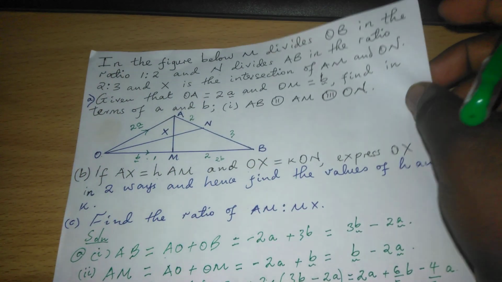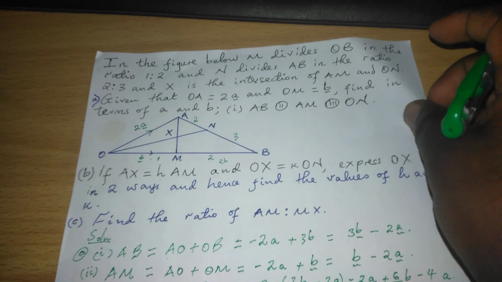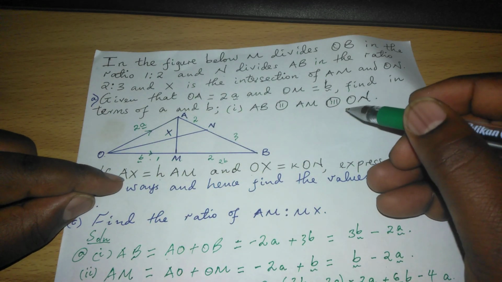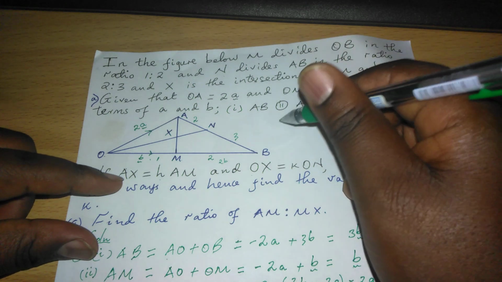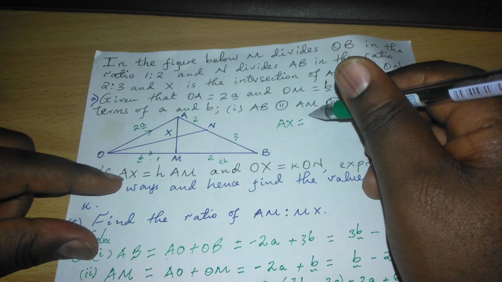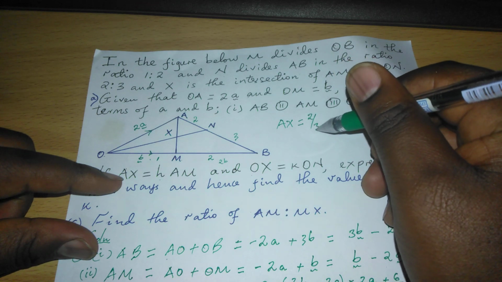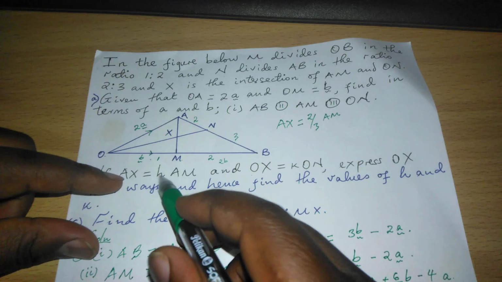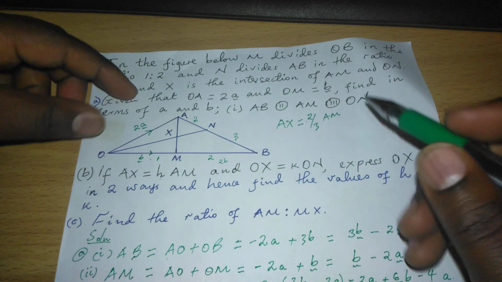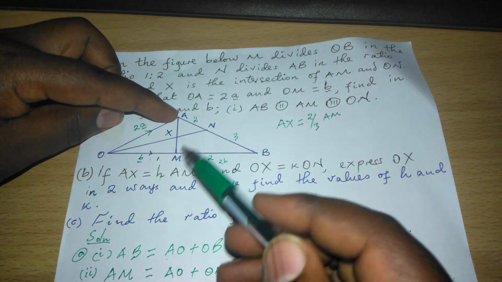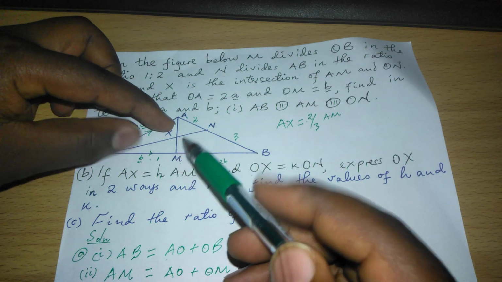So AM is to MX, we can use this relationship here, which says AX is equal to H of AM, and we have gotten H as 2 out of 3. So instead of H, we have it as 2 out of 3. So AX into AM equals 2 out of 3.